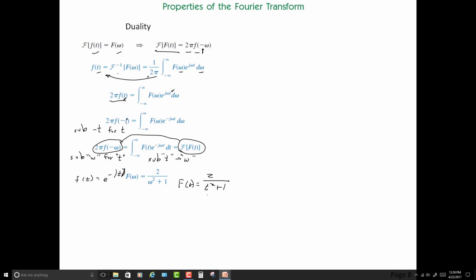So duality would say that the transform of this is going to be this. In other words, we just swapped the meaning of t and w. So here's our original. We had to multiply it by 2 pi, like it said to do up here. And that's equal to the Fourier transform, 2 pi f of w.